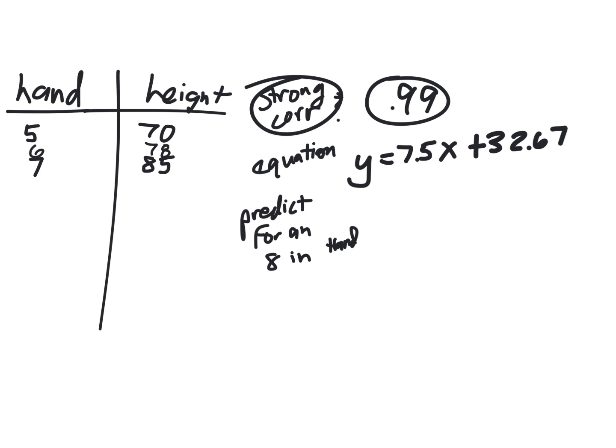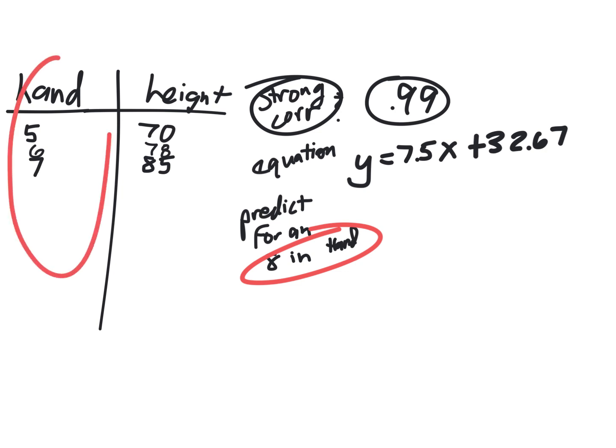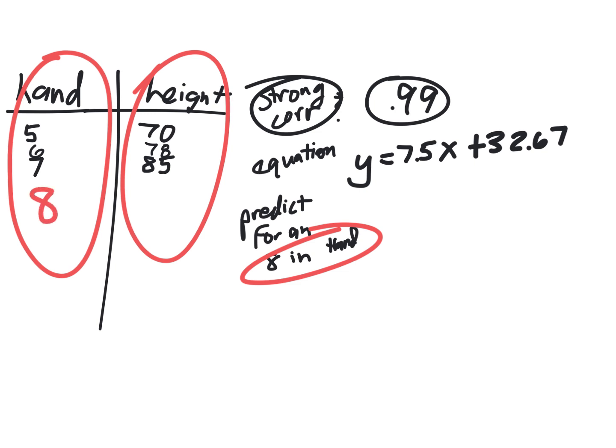Well, there's only 2 choices, but look over here. Where does the 8 seem like it would fit logically? Under this column, right? So that's the X. So you put the 8 here.